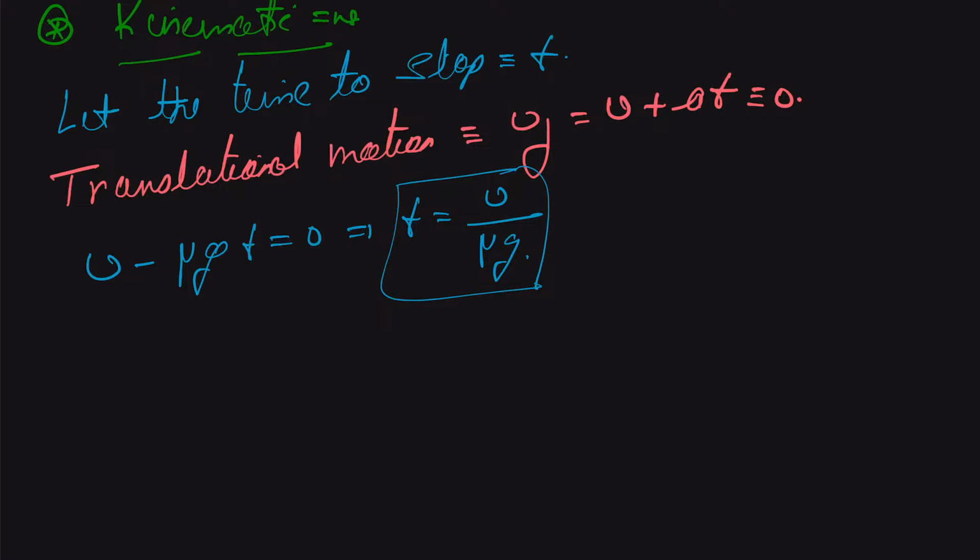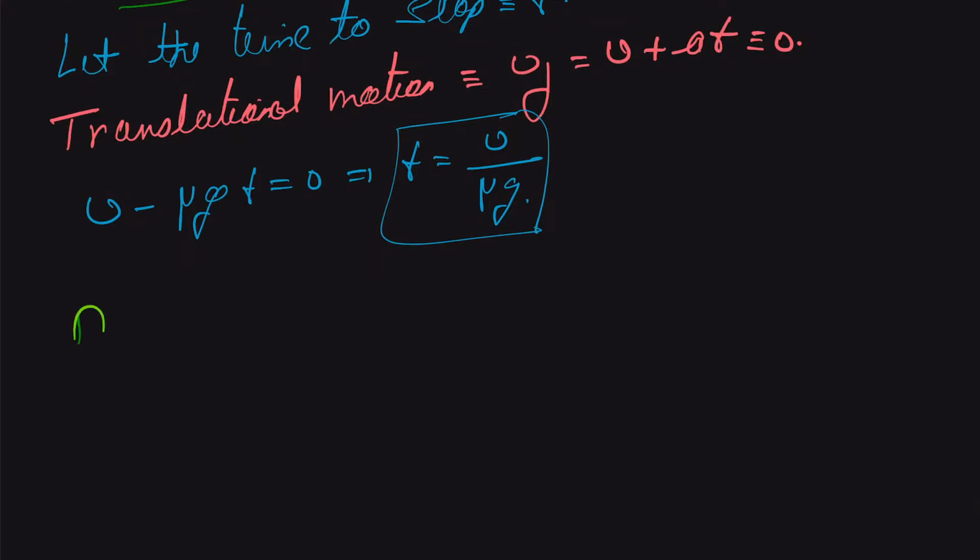From here we can also find the distance traveled, d, which is equal to vt plus half at square.